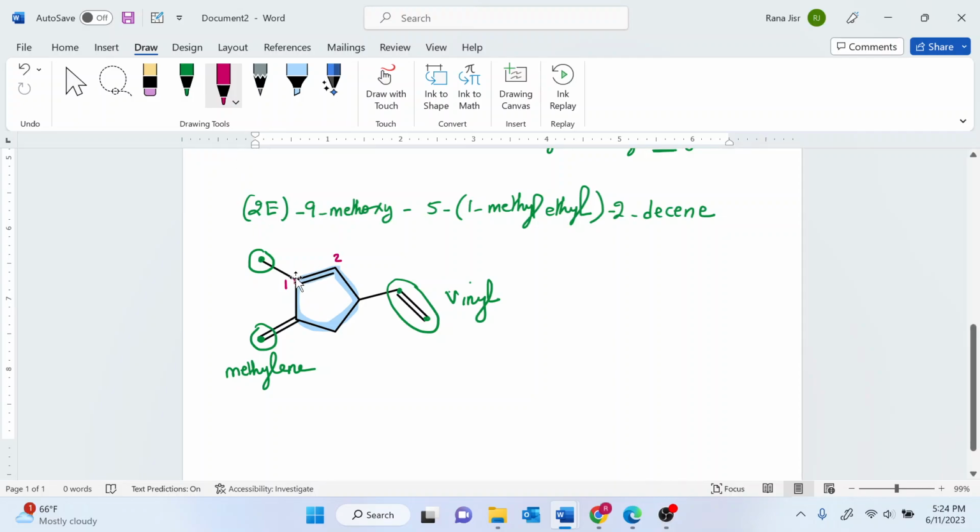You cannot go by 1 here and then move to the second carbon and say this is 2, because these two carbons belong to the double bond. So you cannot number 1 without numbering the other. I started numbering from here to give the CH3 also the lowest number possible. And I am moving this way. This is going to be 2. That is going to be carbon number 3. This is going to be 4, and this is going to be 5.